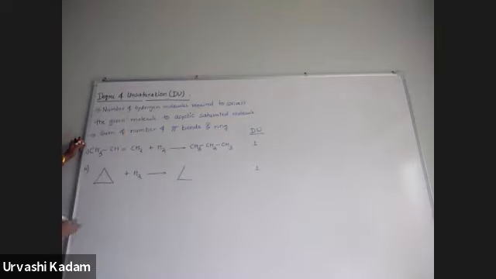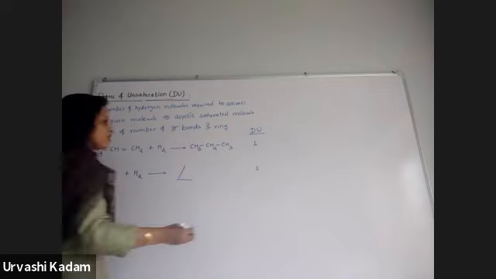The next one is cyclobutene. तो cyclobutene में कितना DU होगा? There is 1 ring and there is 1 pi bond.